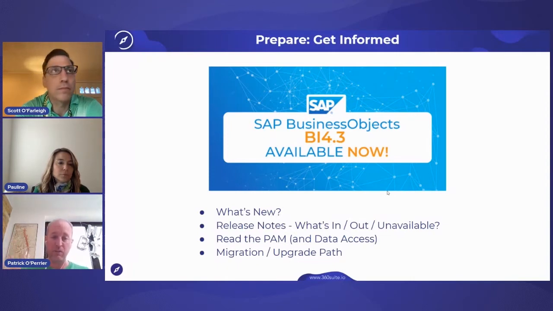SP1 has added some of these things. That's great. And what's remaining comes in Service Pack 2. Now, for some of you, you will want to wait for SP2. For others, it will be, no, SP1 is a great place to start. Let's do it now. So yes, get informed, read the PAM, making sure your operating systems, your databases are still supported with this new version.